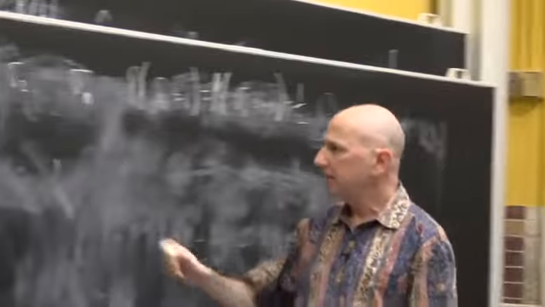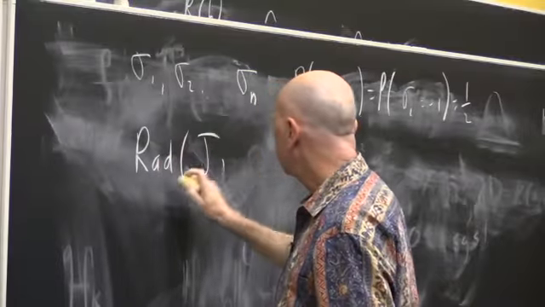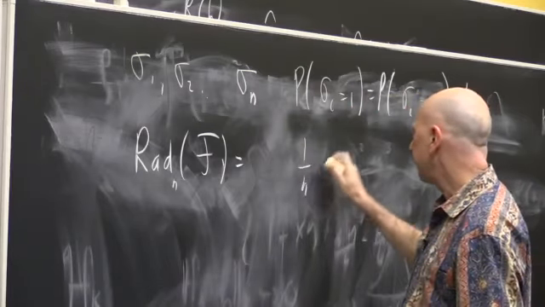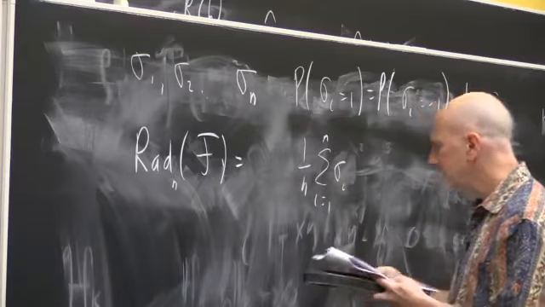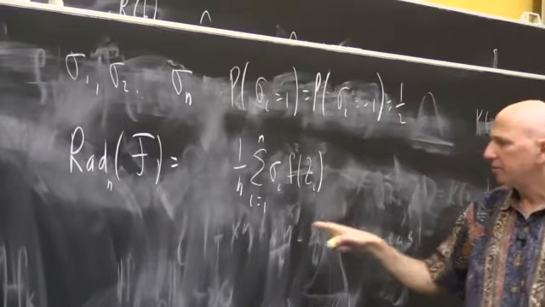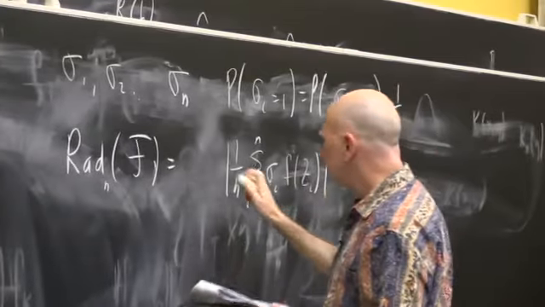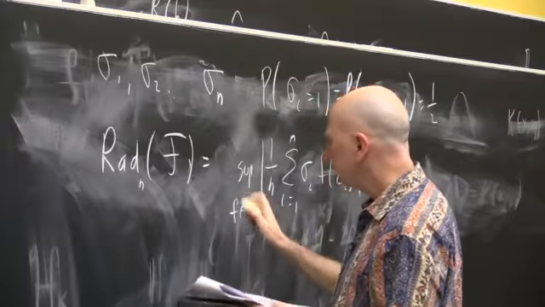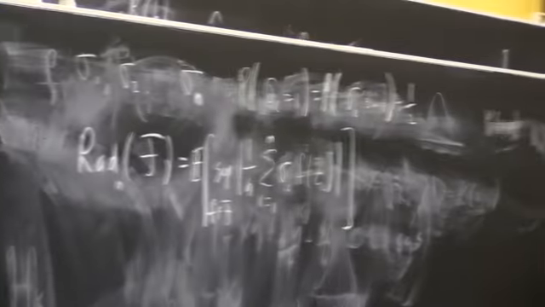And then the Rademacher complexity of the class of functions is defined as follows. We take the average that we're interested in, but we throw in these random sigmas. And now I take the maximum over all f's in script f. All right. That's the definition.